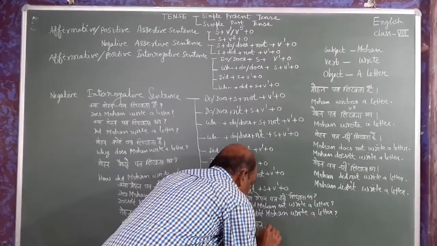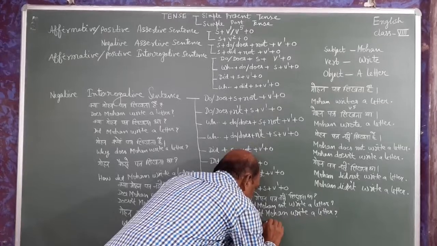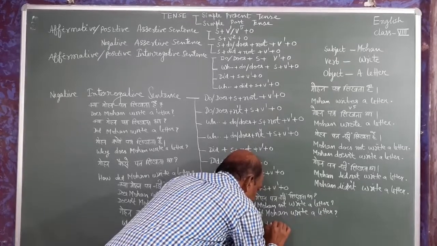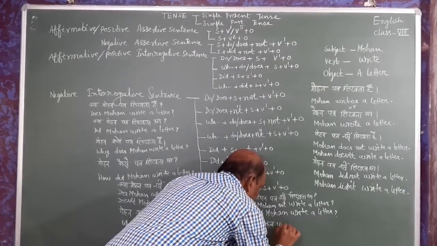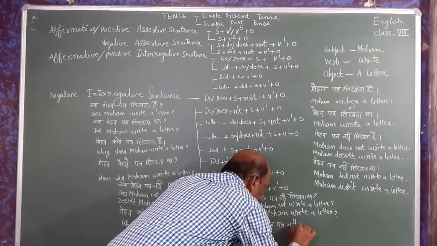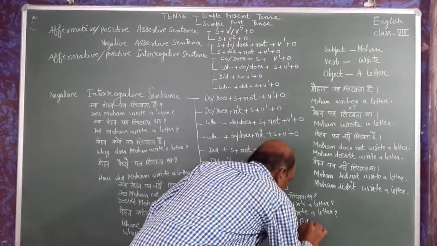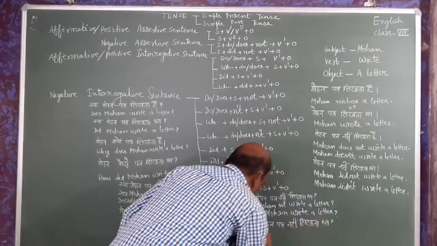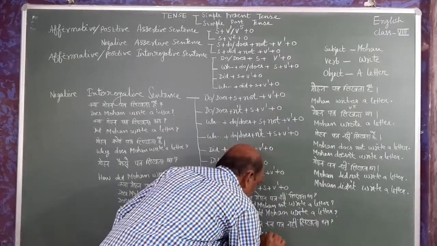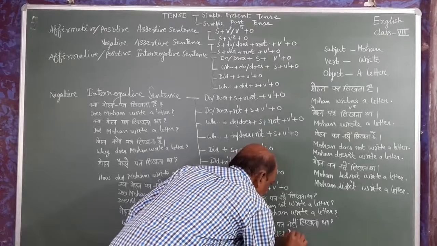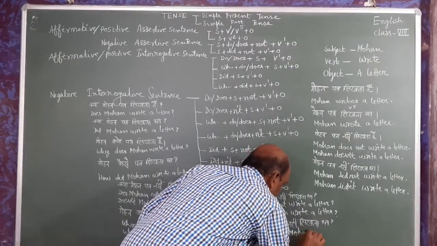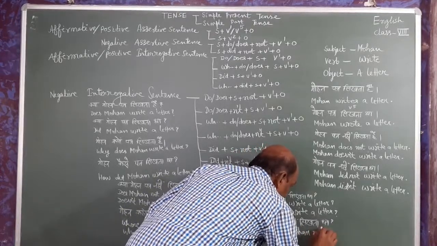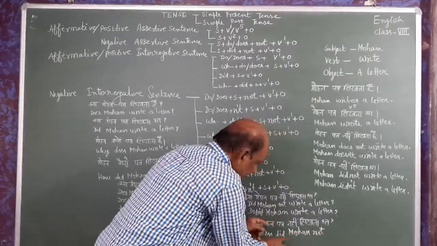And if we take some other WH, Mohan kab patra nahin likhta tha? So kab? When? When did Mohan not? We will put not here. At first here, then here.